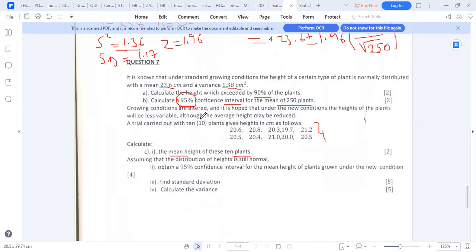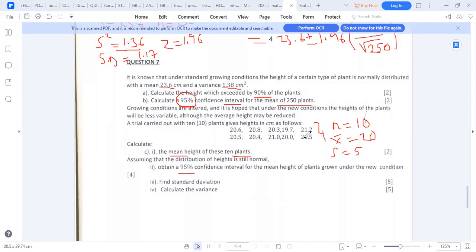We are told there are 10 plants. So suppose your n, as you found, is 10, and your mean, for instance, is 20. I'm just supposing. And your standard deviation maybe you found as 5. Then they ask you to obtain a 95% confidence interval for the new condition.